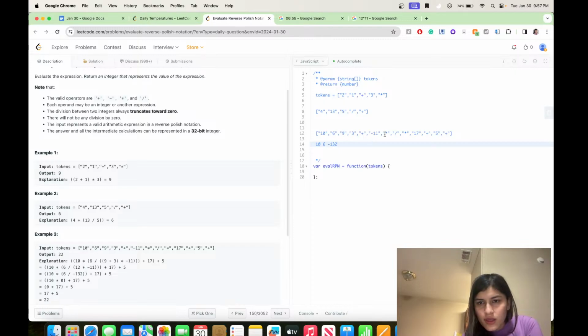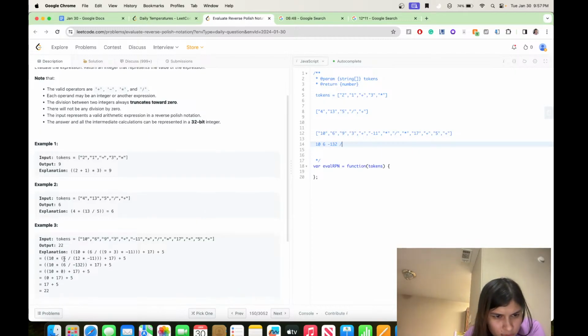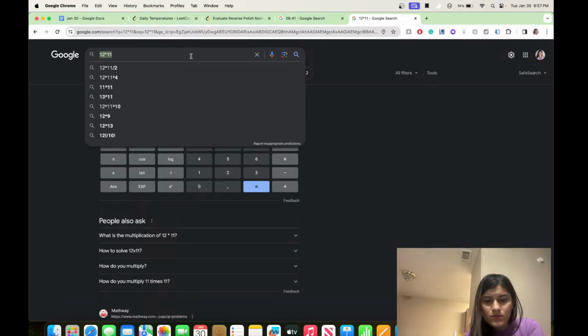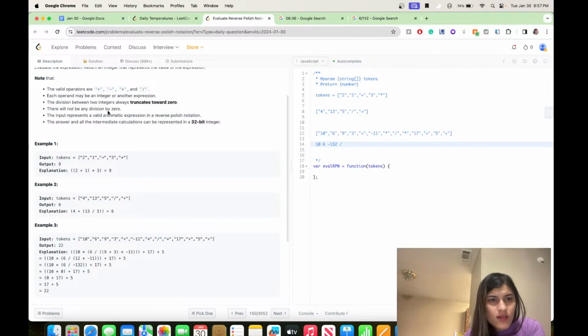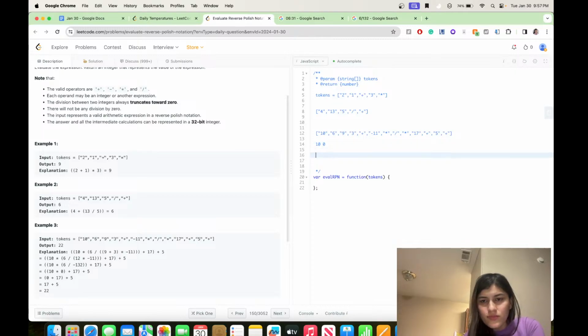And division again: 6 divided by minus 132. What will that be? It is 0.0-something, so negative 0, which is 0, because if the number is small it will always truncate to 0. So it is 0.